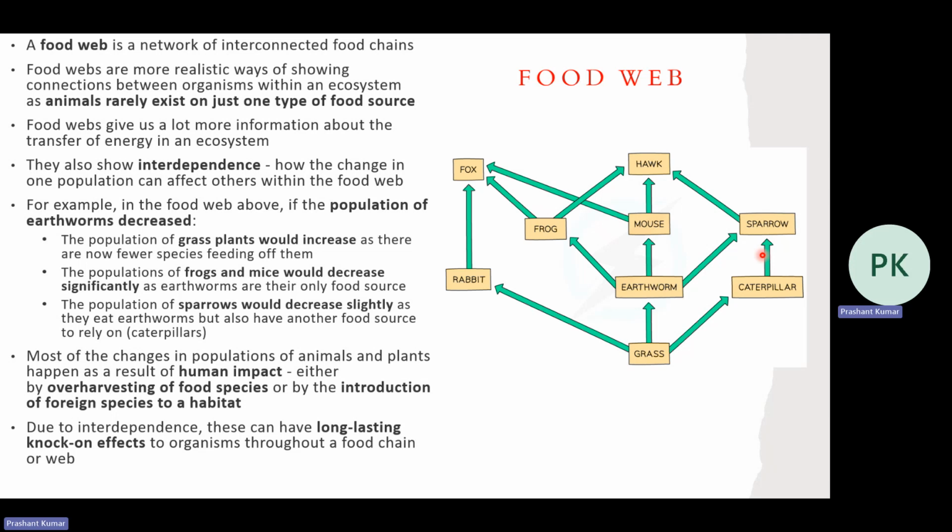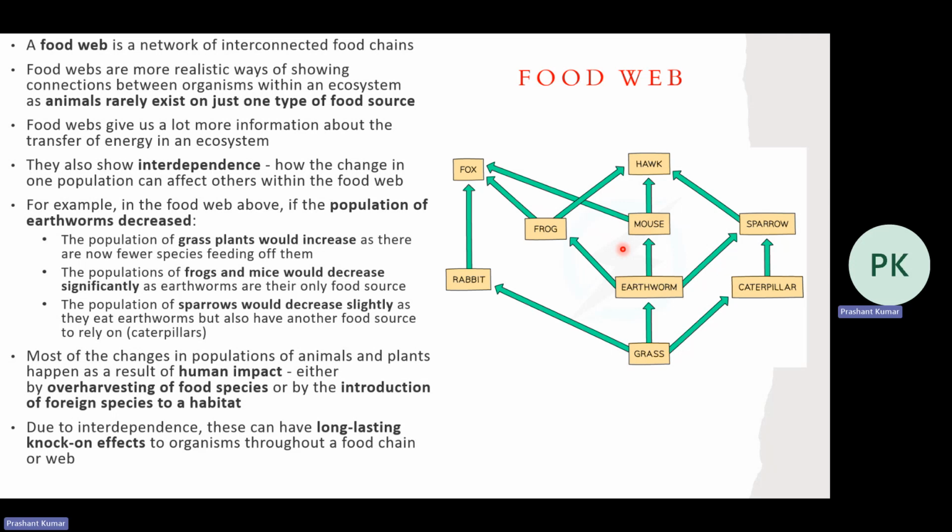Most of the changes in the population of animals and plants are occurring because of human impact. We are doing something in the jungle, in the forest, we are cleaning something, we are cutting down the trees. We are degrading some of the food chain, which is indirectly or directly impacting other organisms.